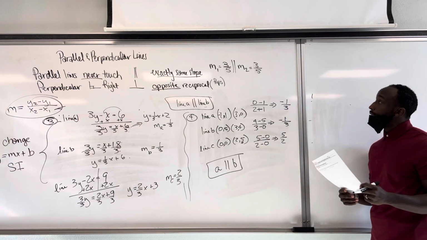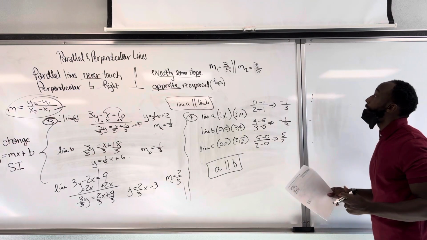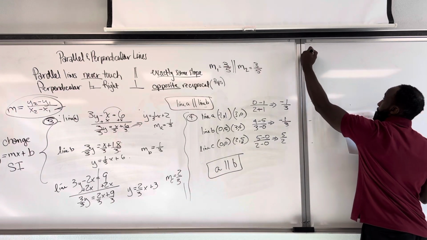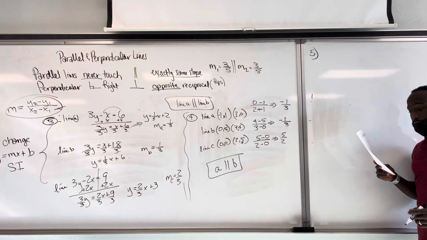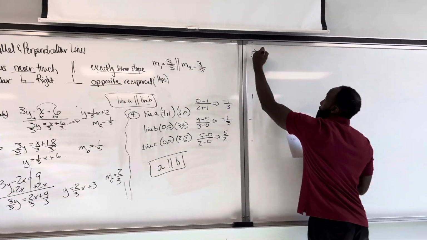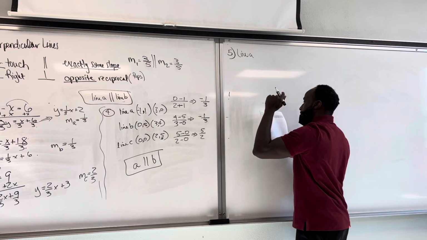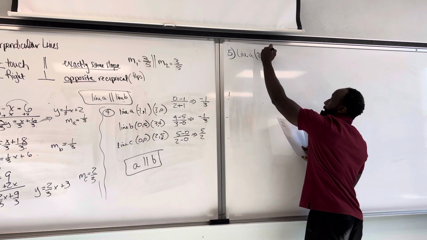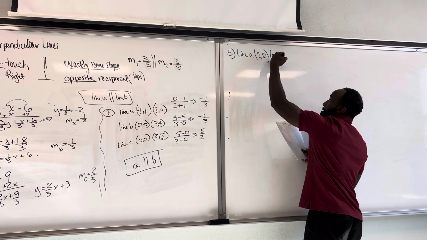All right. Let's check out number 5. Can you see me, James? Here we go. Line A passes through 2, 10 and 4, 13.